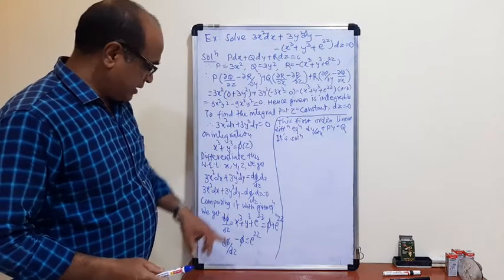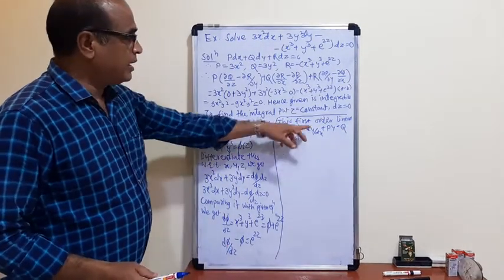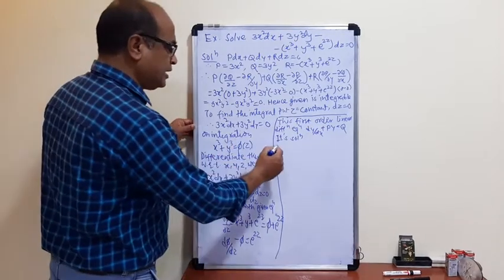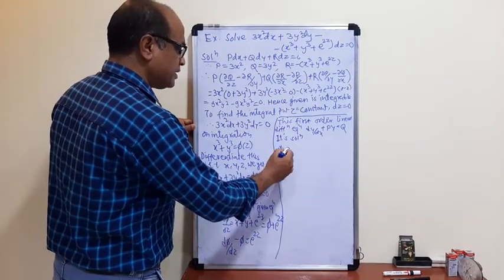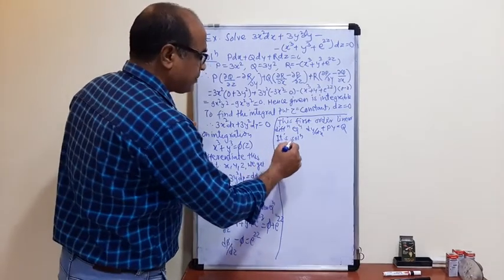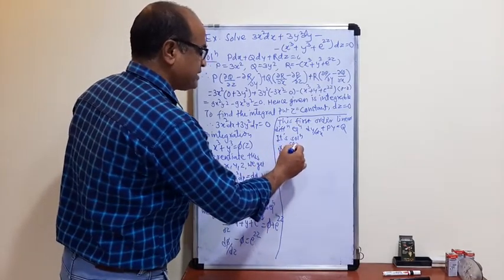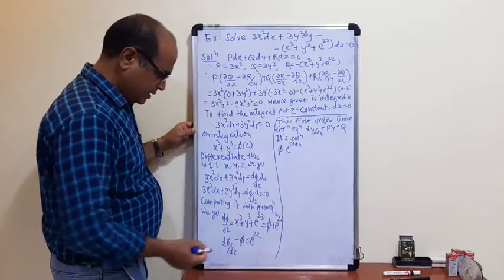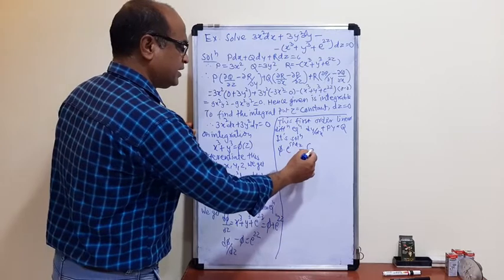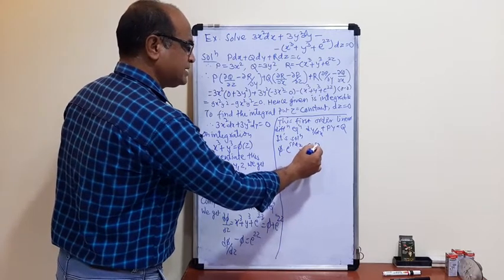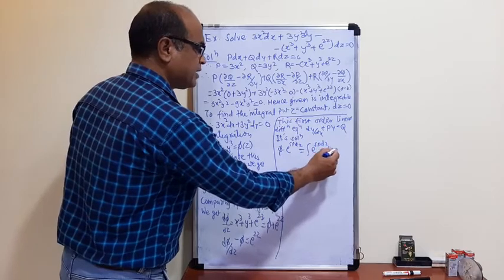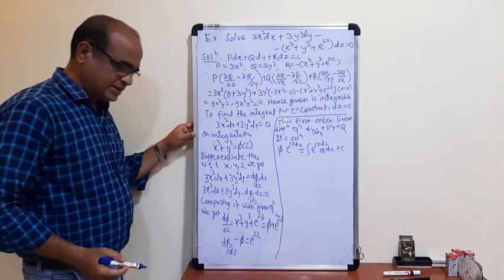But here phi is a dependent variable. Here y is a dependent variable, here phi is a dependent variable. So phi into e raised to integration of p dz, z is an independent variable, is equal to integration of e raised to integration of p dz into q dz plus c, that is the integrating constant here.